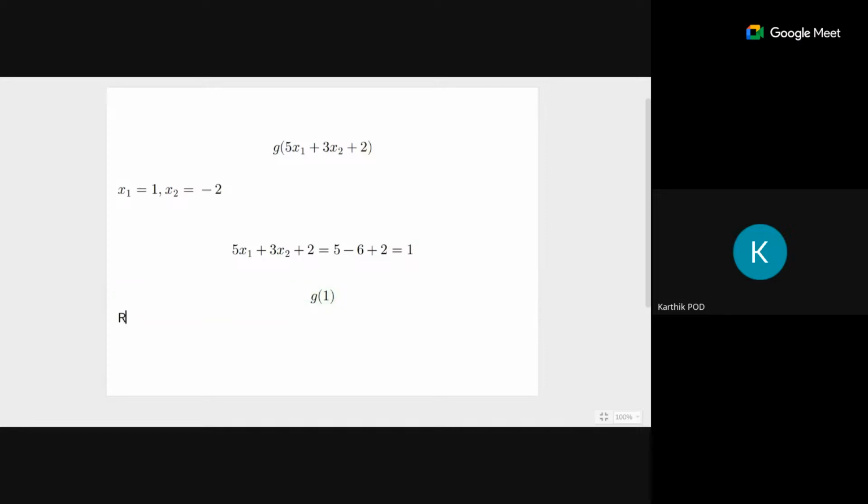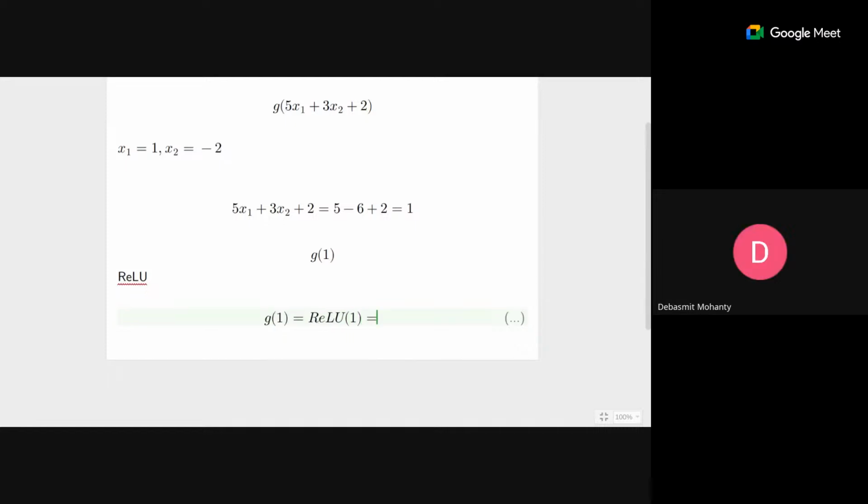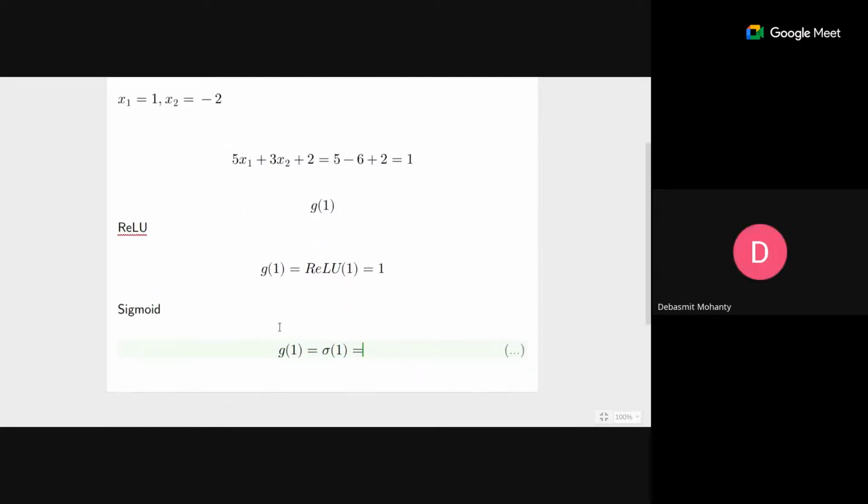If you are using this ReLU, g of 1 will be ReLU of 1, which is max of 0 and 1, which is 1. Instead, if you use the sigmoid activation function, g of 1 will be sigma of 1, which is 1 by 1 plus e power minus 1, whatever we have been seeing so far.